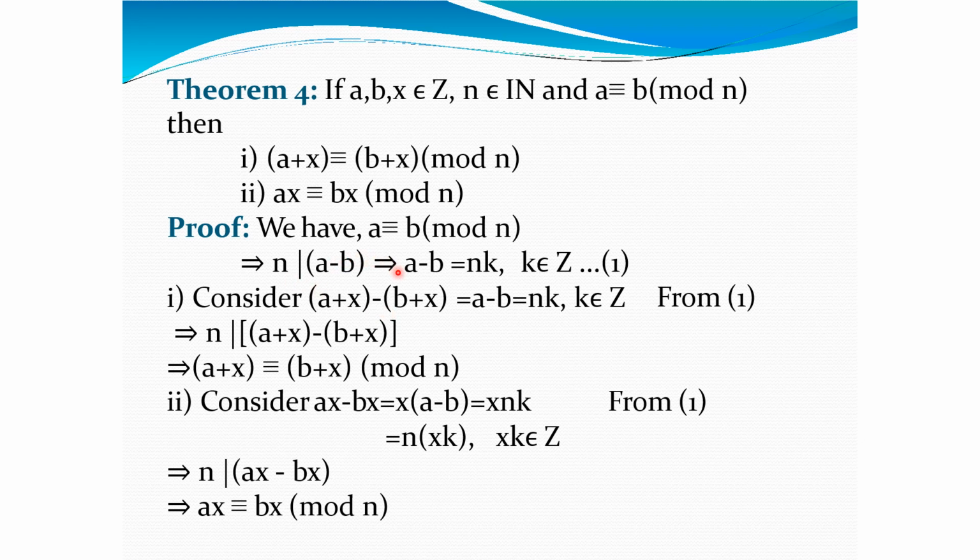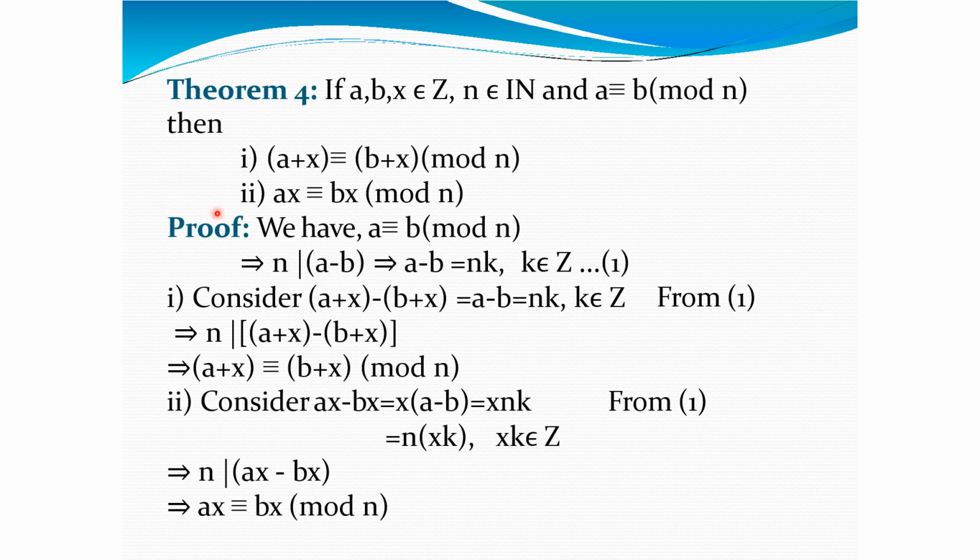But from equation 1, a minus b is n into k, where k is an integer. So finally we get (a plus x) minus (b plus x) equal to nk. Again by the definition of divisibility, n divides (a plus x) minus (b plus x). So by definition of congruence, a plus x is congruent to b plus x modulo n. This is the proof of the first part.